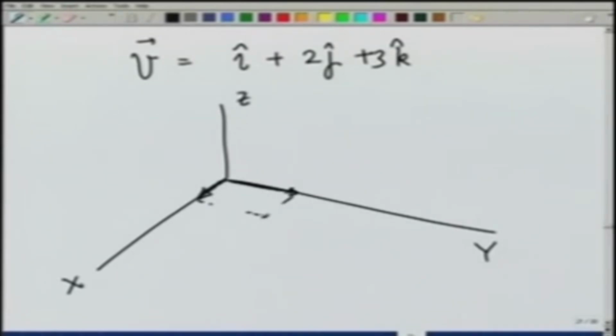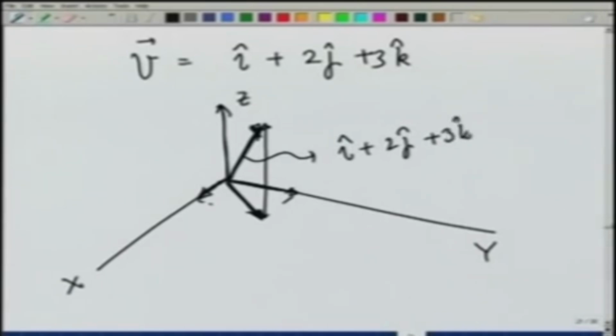So, this would be i plus 2 j, and 3 k would be of magnitude 3 in this direction. Then the summation of all three, this vector, would be i plus 2 j plus 3 k.